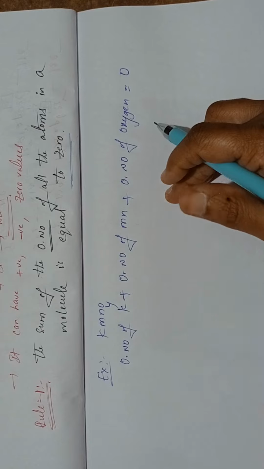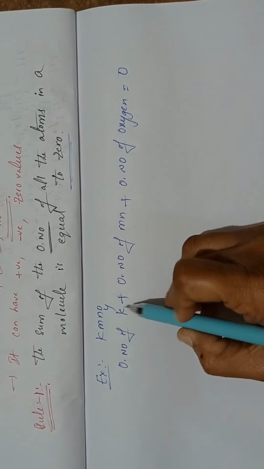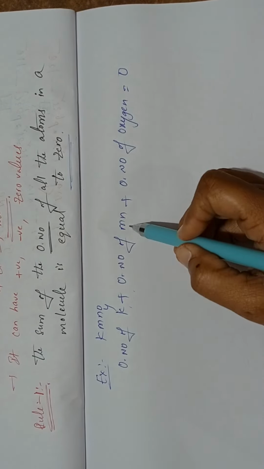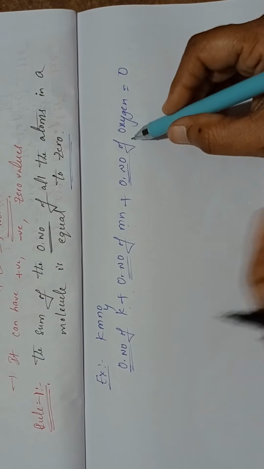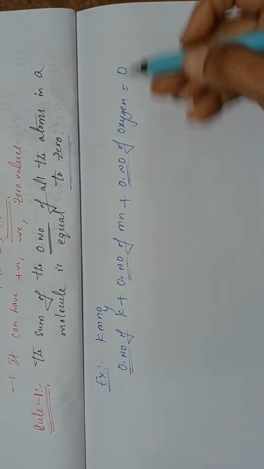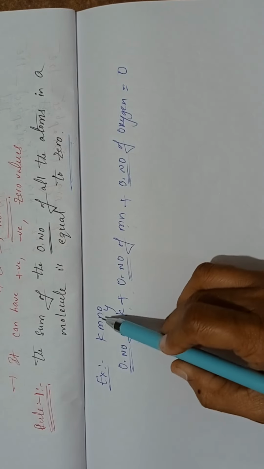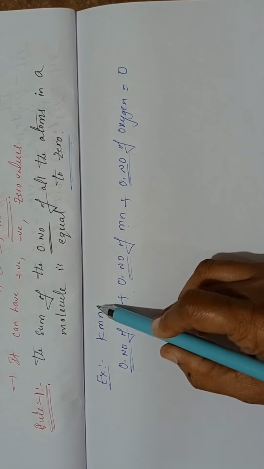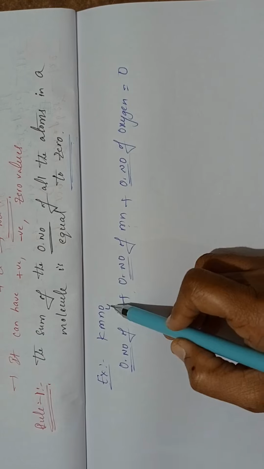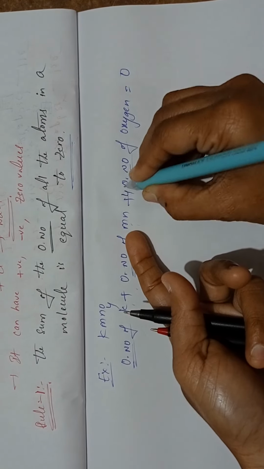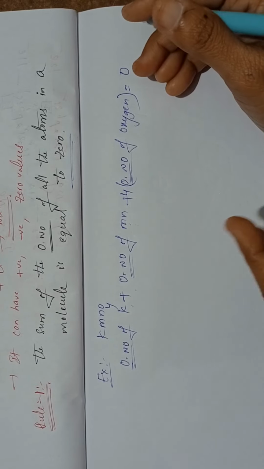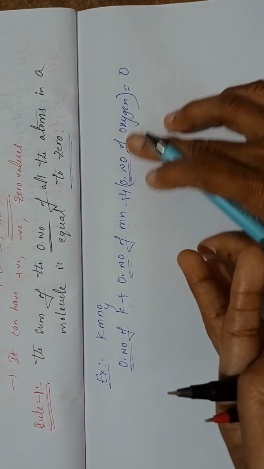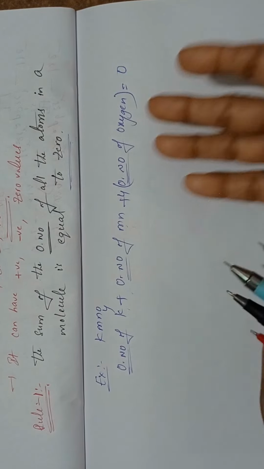Are you clear? Here potassium has 1 atom, manganese has 1 atom, but oxygen has 4 atoms. So you have to take 4 times the oxidation number of oxygen, students. Okay, this is rule 1.